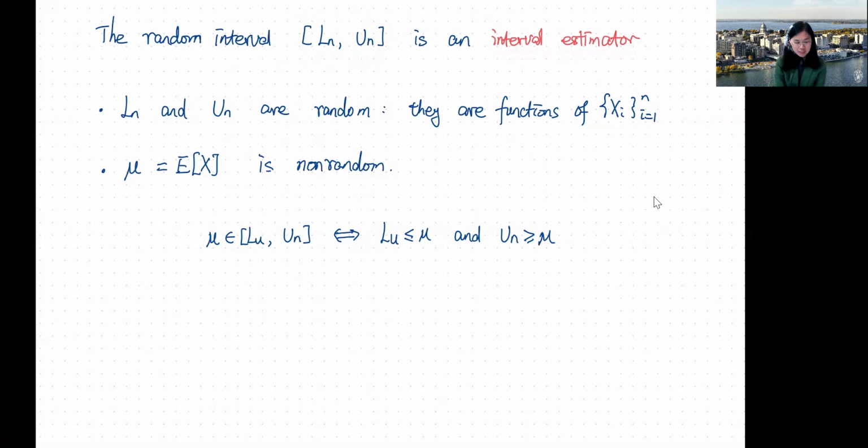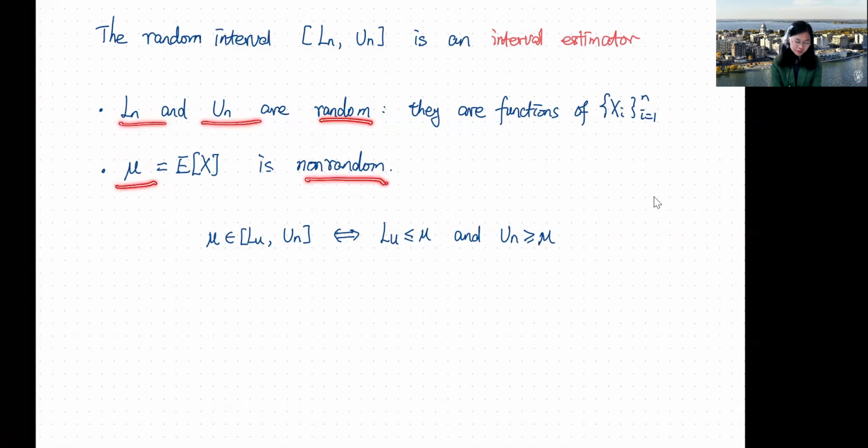As I just said, the endpoints of the interval are random. Ln and Un are random. They are functions of the data. And the value that they are intended to cover is the parameter. The parameter is non-random. So the interval is random, the interval estimator is random, and the true value is not random.